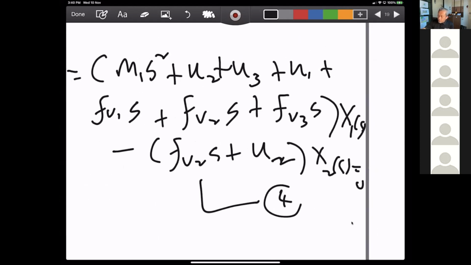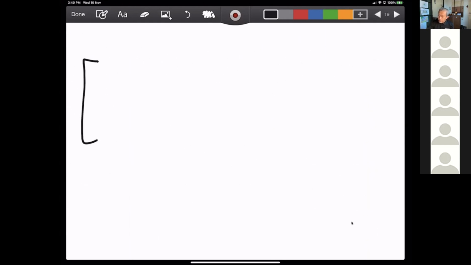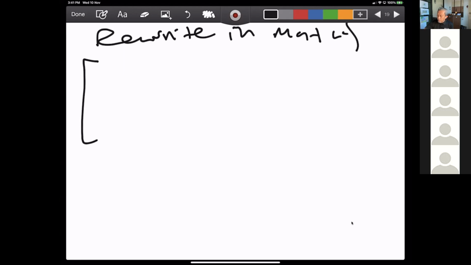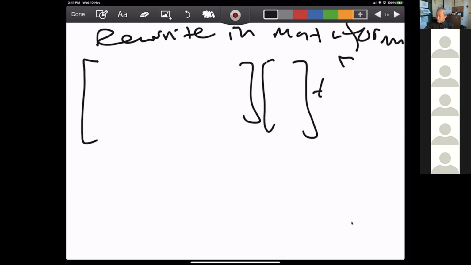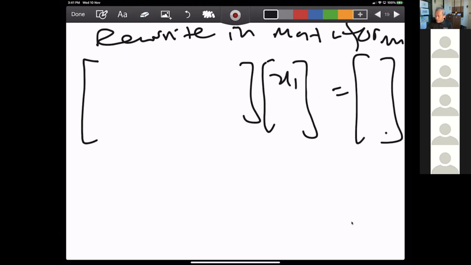Question number 4. Then you construct the matrices, rewrite in matrix form. X1, X2, F, 0.